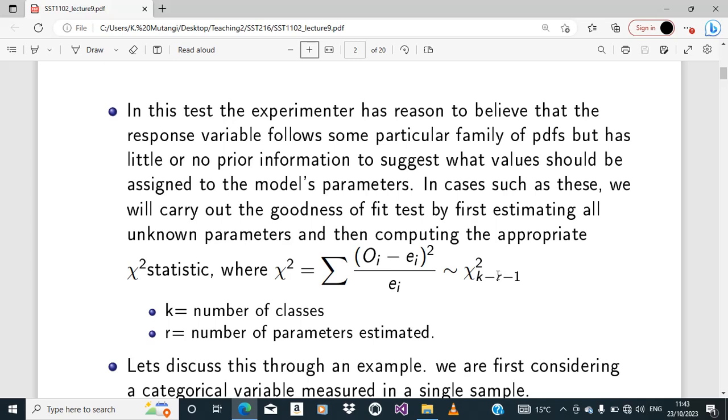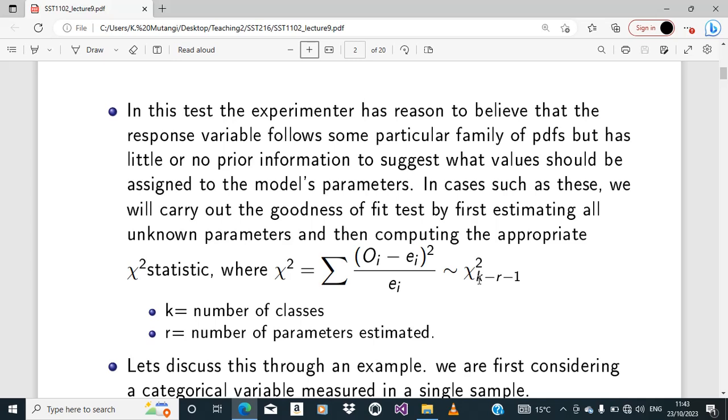In the example of a Poisson distribution, R is equal to 1, where R is simply the number of parameters, which is lambda. That is the only parameter that we estimate under the Poisson. But if it is given already and doesn't have to be estimated from the dataset, then we are not estimating any parameters and R will be equal to 0.